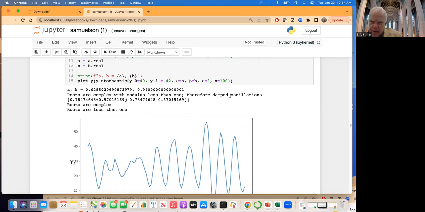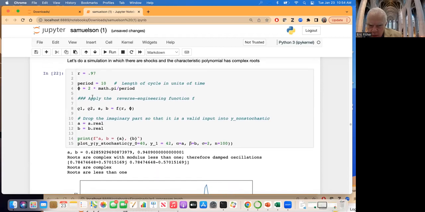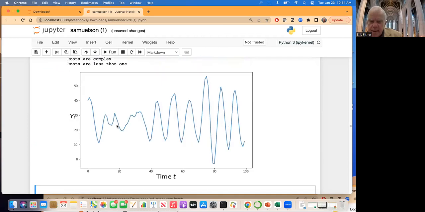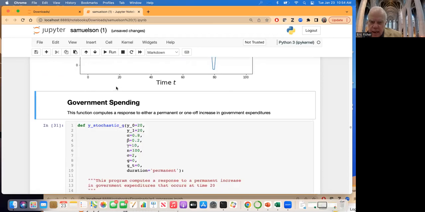Therefore, we're going to have damped oscillation. I don't know what they are in polar form, so I would have to figure out what phi is. Did it plot out phi? No.